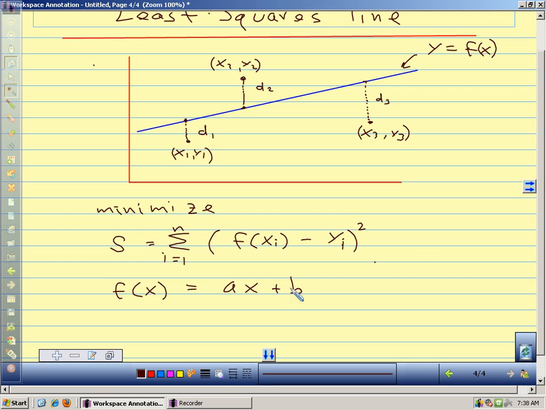We can find the first partials of this function with respect to a and b, because this function that we're minimizing is going to be a function of a and b. We can take the first partials with respect to a and b, set them equal to 0, use our second partials test to show that we're at a minimum, to find a and b such that this is minimized.